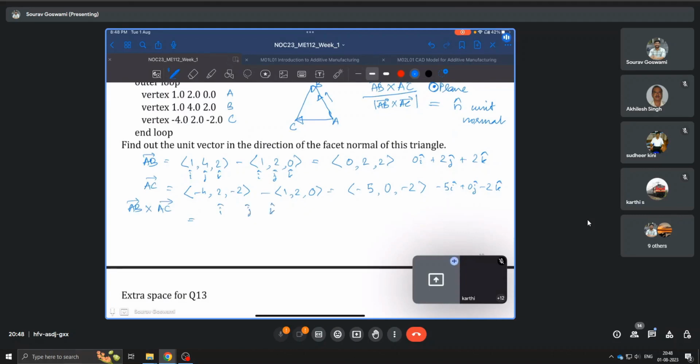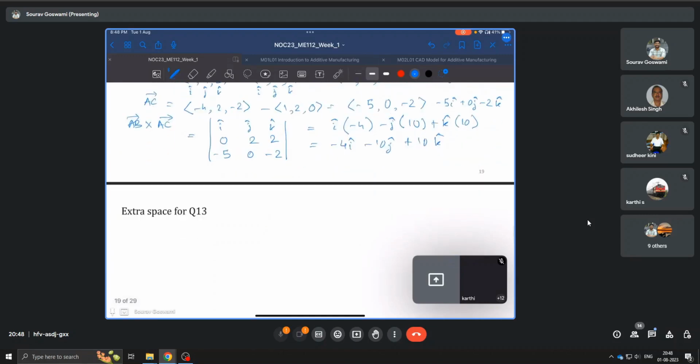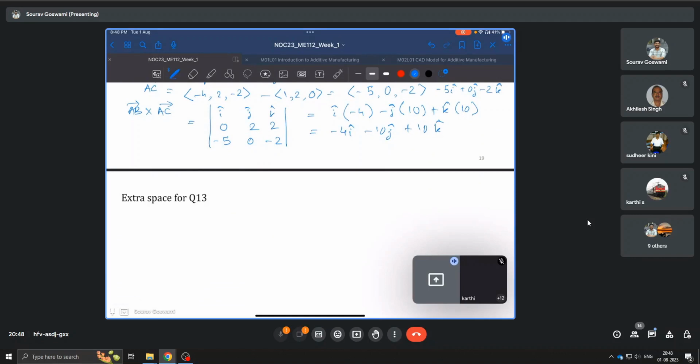As you'll remember from your mathematics classes, and then expanding, I have minus 4 I cap minus 10 J cap plus 10 K cap. So, this is a normal vector, but it's not a unit normal.